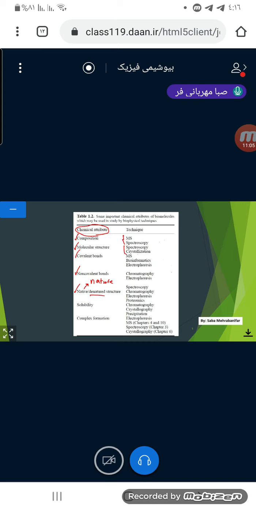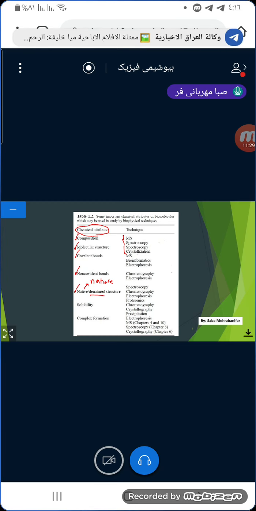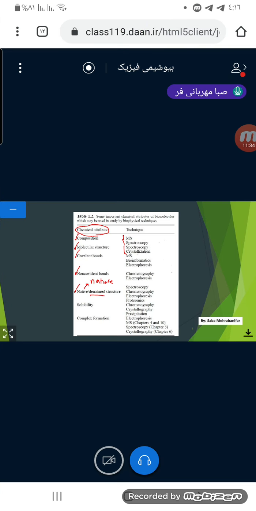Let me search it and bring some examples to class. Crystallized structure of water. Let me bring some beautiful examples for you.